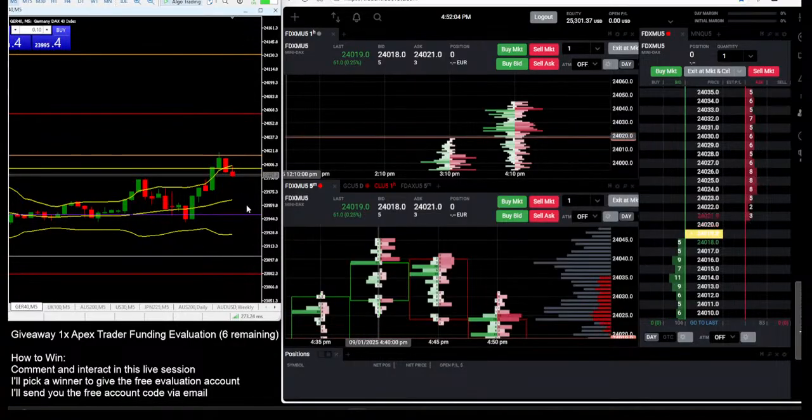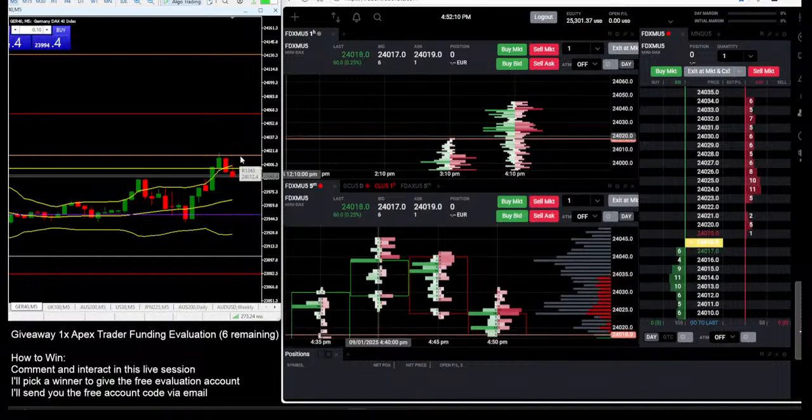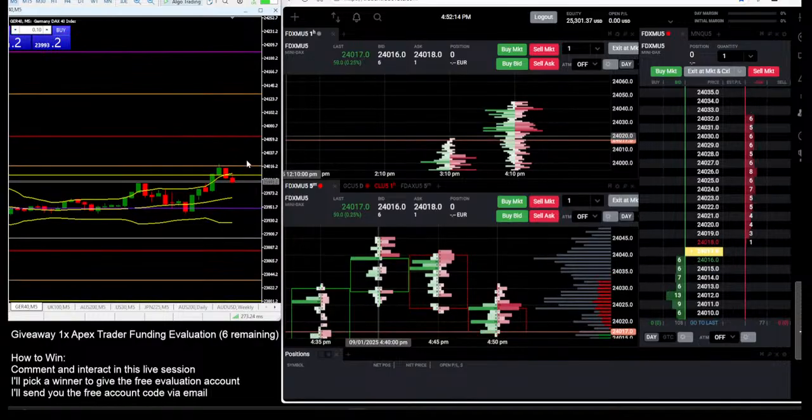But the things to note are it is the first day of the month, so we're expecting some potential buying. It might push us up above the R1 to start off the day.